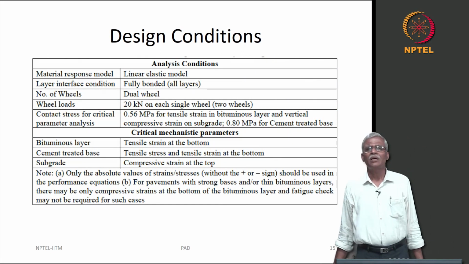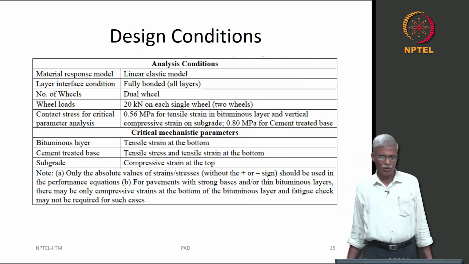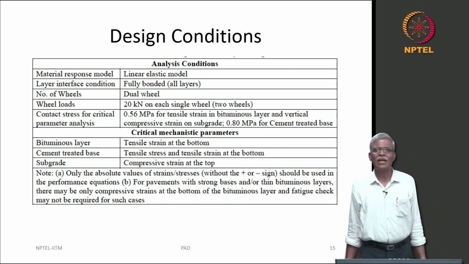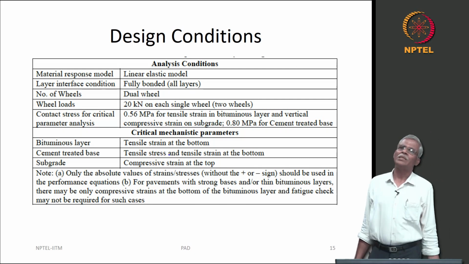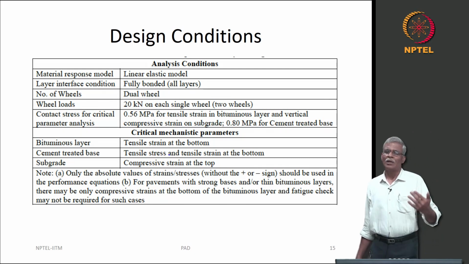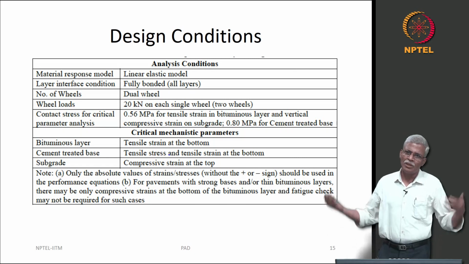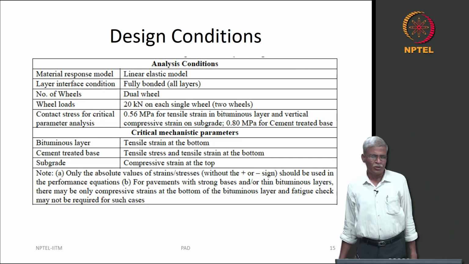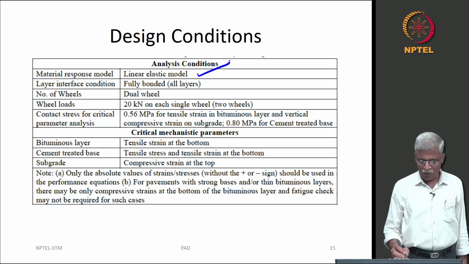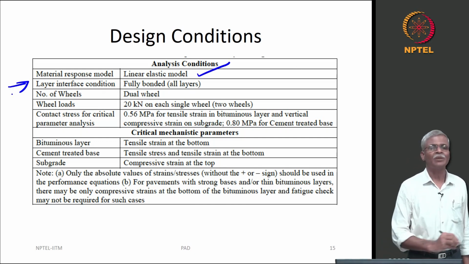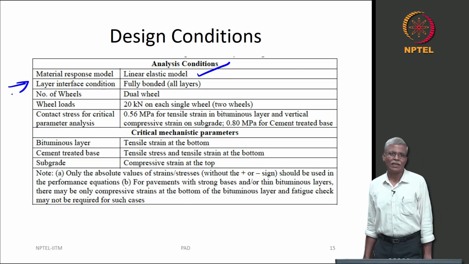Now, here are the design conditions that are followed. This is a linear elastic model. I am repeating what Professor Padma must have told you, but I am doing it because I just want this process to get you there. So, the material response model is a linear elastic model, and you must remember the assumptions that we made in the 3-layer theory.